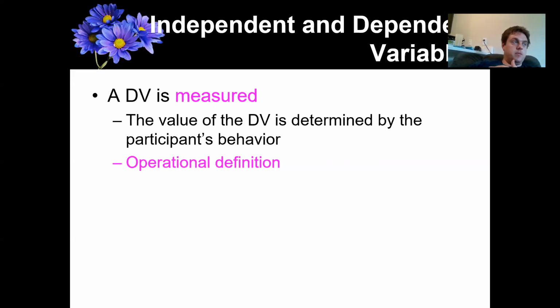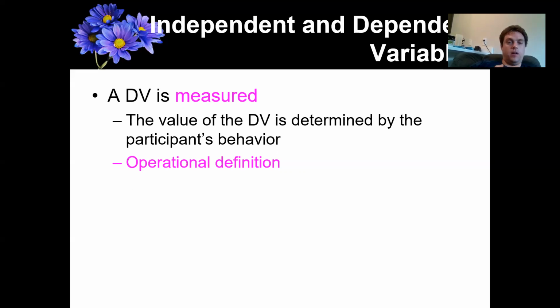And those, like we said, the independent variable is going to be determined by the researcher. Conditions are going to be chosen by the researcher. The dependent variable, on the other hand, is determined by the participant's behavior. So this is the thing that we're looking at in terms of a response to the independent variable.